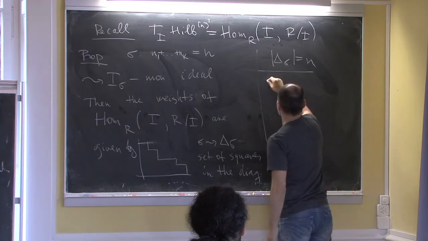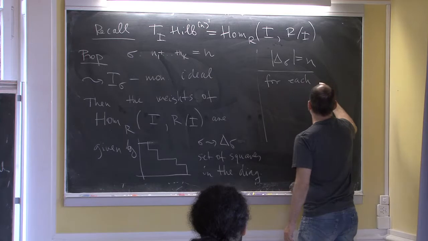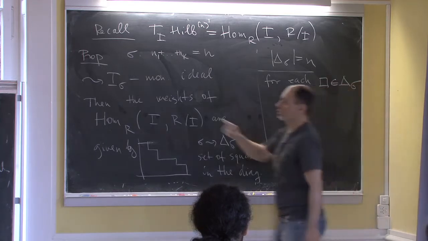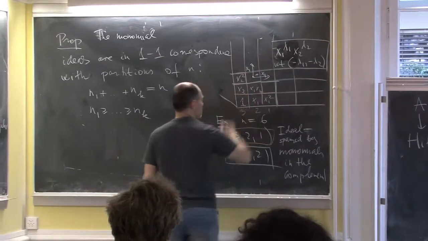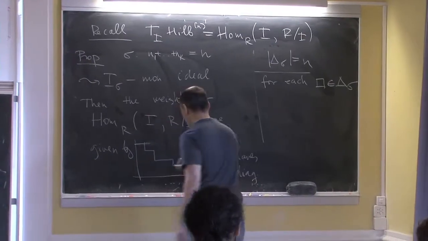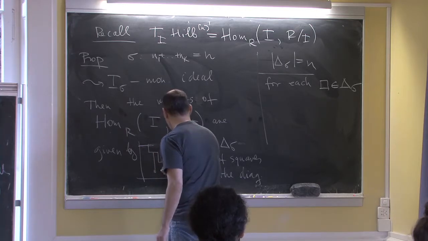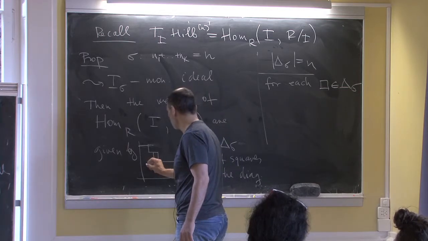So for each square in this diagram, so I take the list of the squares, so like take this one, this one, this one, this one, this one. I do the following operation. I go up here, and this is called the arm.